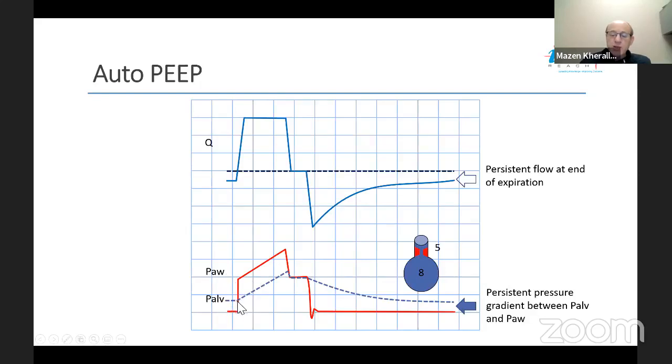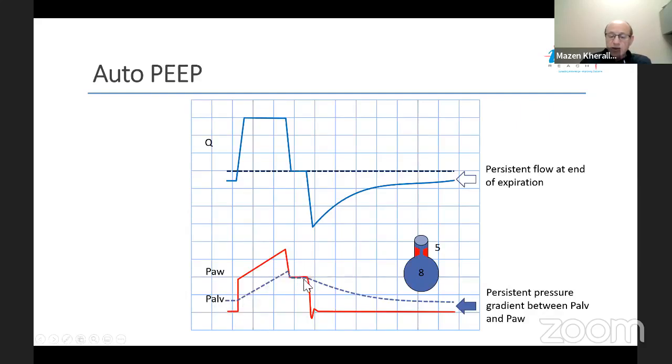And this is what I told you initially, that because of alveolar pressure, you need to go up in the airway pressure to overcome that alveolar pressure first. And then you have the airway pressure. But I mentioned that you first overcome the airway resistance and then you overcome the alveolar pressure.